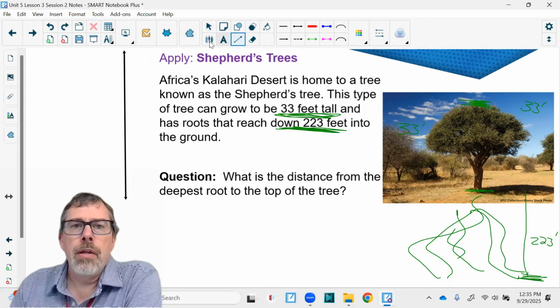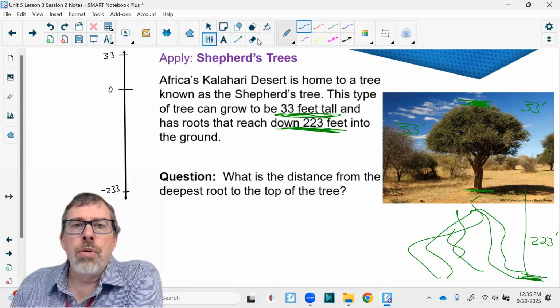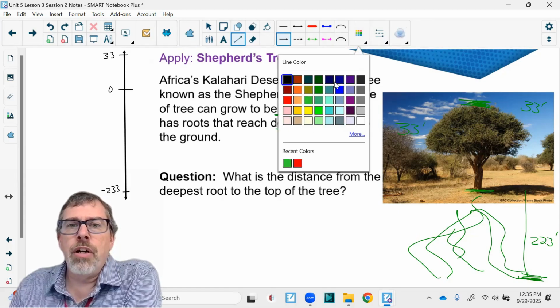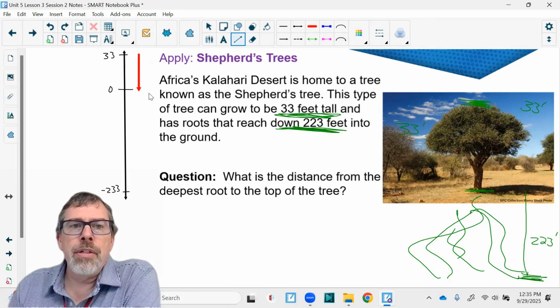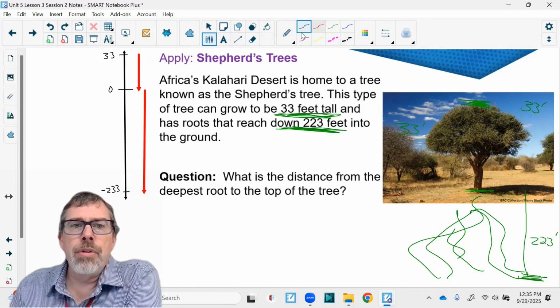Okay. I need a 0 in this case, and that is going to represent our ground. And I'm going to need a top of the tree, which is 33 feet. And I'm going to need the bottom of the roots, which is negative 233 feet. So what we're really doing is going from 33 down to 0, and then 0 down to negative 233. So this is 33 feet in the negative direction, and this is negative 233 in the negative direction.